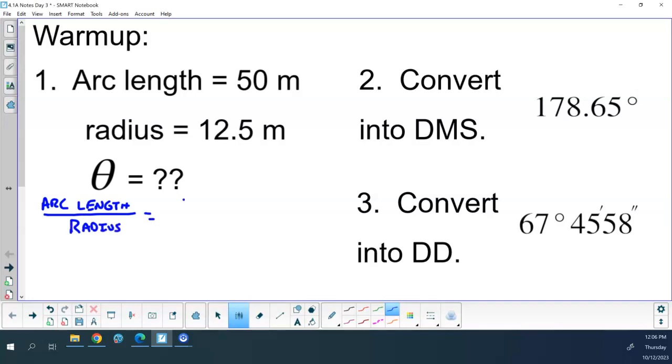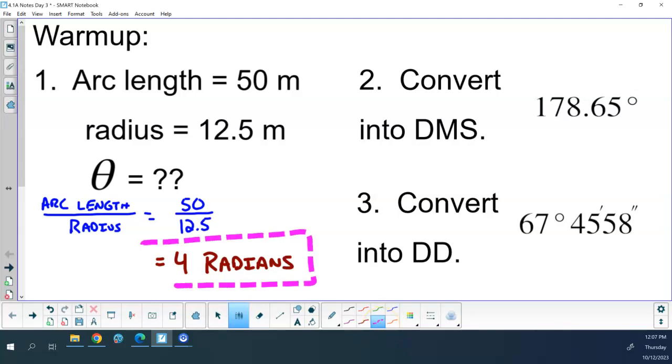So that's going to be 50 divided by 12.5, which should then get you 4 radians. Questions, comments, concerns, clarifications?